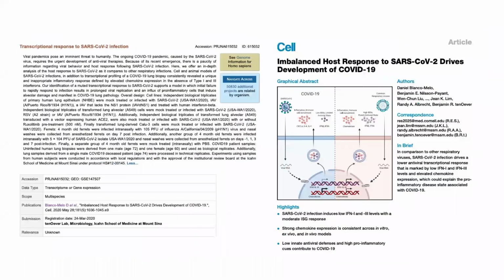Okay, here's another example. This is a publication in Cell. Imbalanced host response to SARS-CoV-2 drives development of COVID-19. What's interesting about this data, let's take a look at this data together.